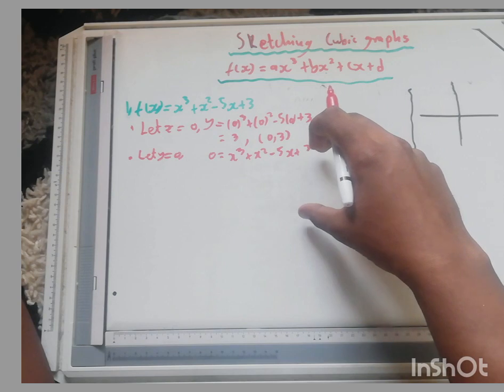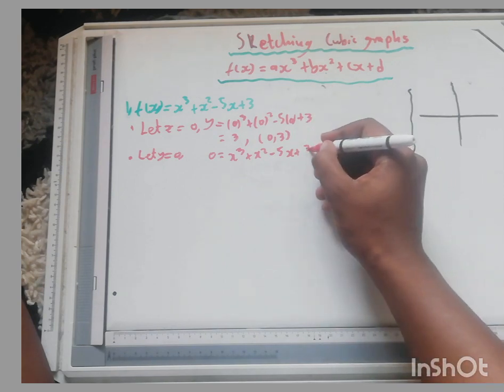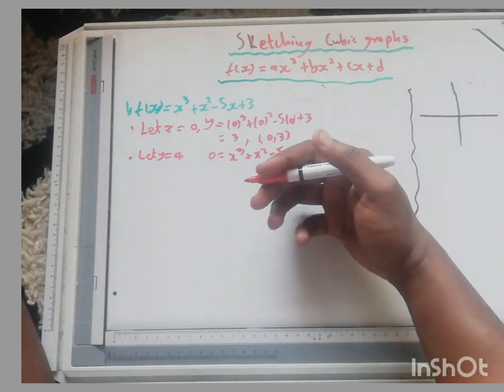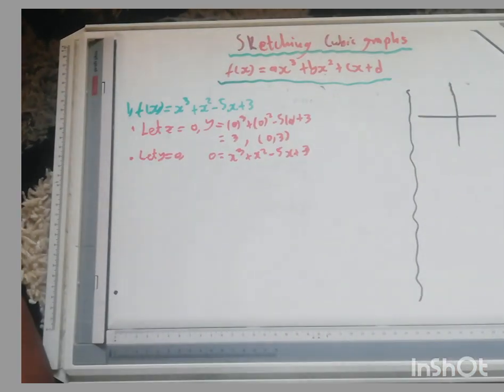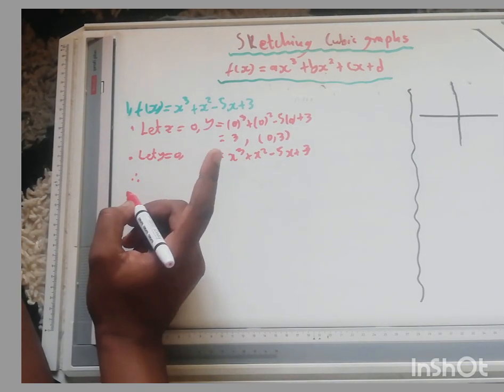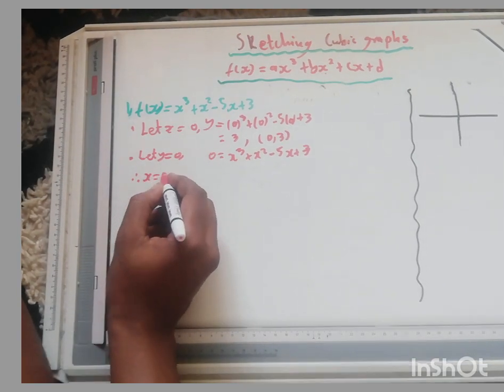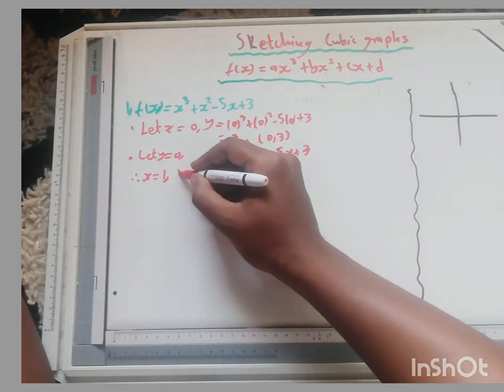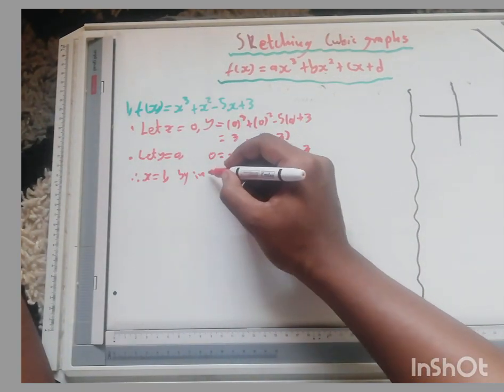And then from here on, you factorize by inspection. That's how I will do it. By inspection, I see that if x is equal to 1, all of these things will give me 0.